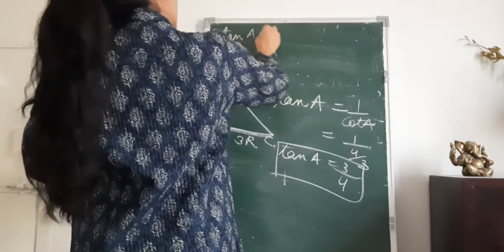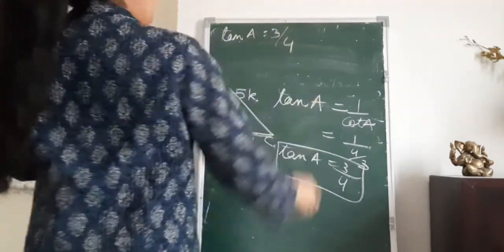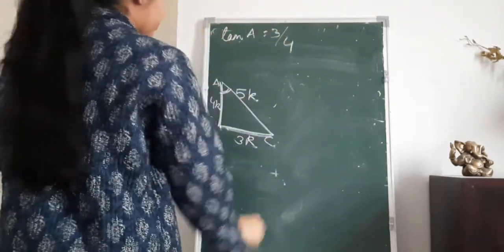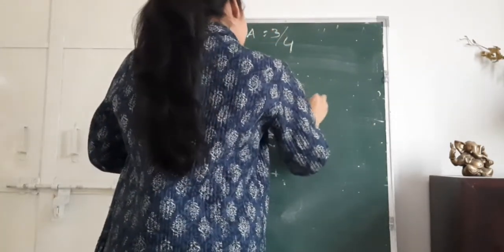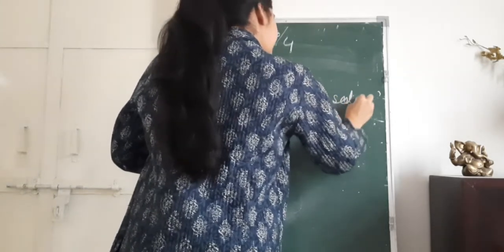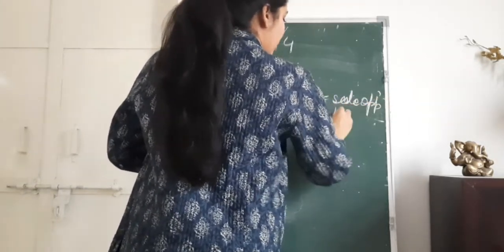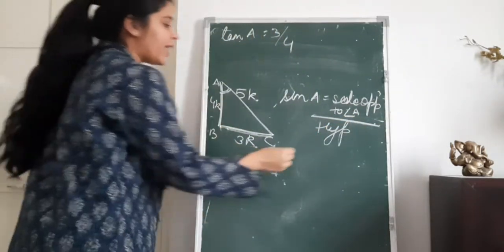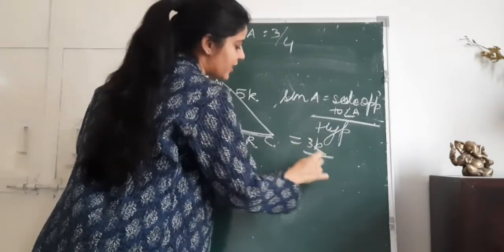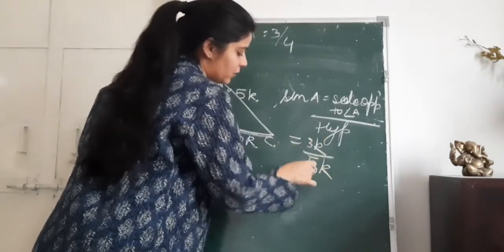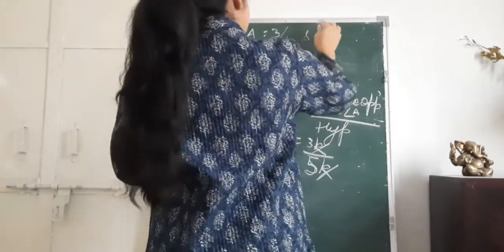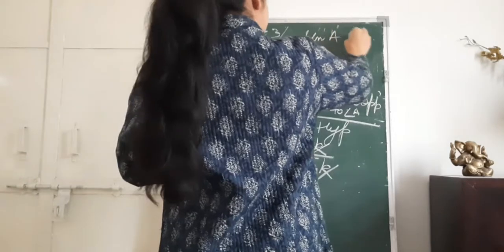Tan A is equal to 3 upon 4. What else do we need to find out? Sin A and cos A. Sin A is side opposite to angle A upon hypotenuse. Which side is opposite to angle A? 3k, and hypotenuse is 5k. K cancels. So I have sin A as 3 upon 5.